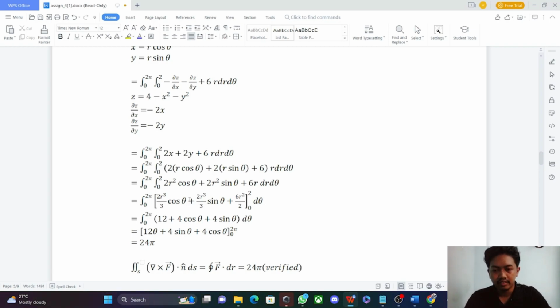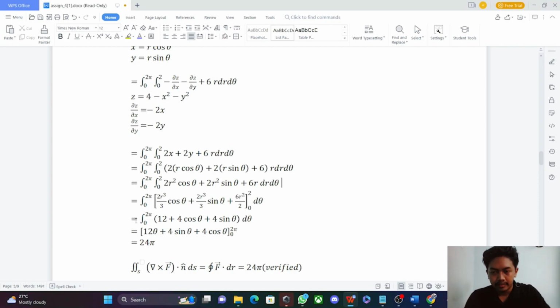Now, we need to integrate dr. We got the integral from 0 to 2 pi of the bracket 2r cubed over 3 cos theta plus 2r cubed over 3 sin theta plus 3r squared over 2, for the interval 0 to 2, we write down.